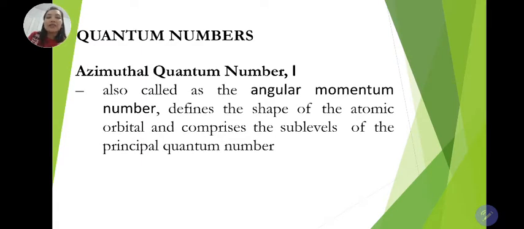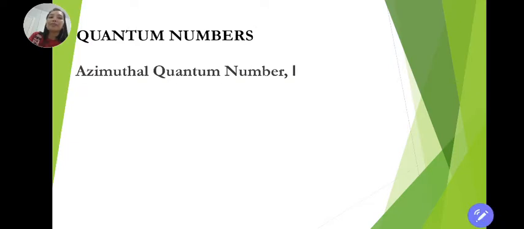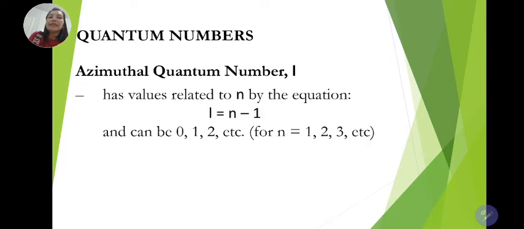And then now we have the azimuthal quantum number. This is also called the angular momentum number. It defines the shape of the atomic orbital and comprises the sublevels of the principal quantum number. This has values related to n by the equation L is equal to n minus 1. So this can be 0, 1, 2, for n equals 1, 2, 3.